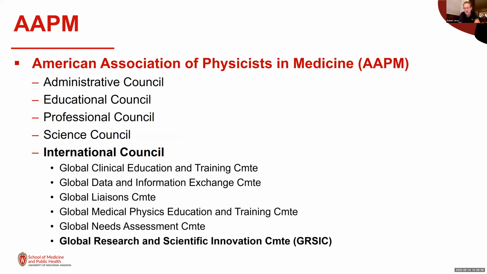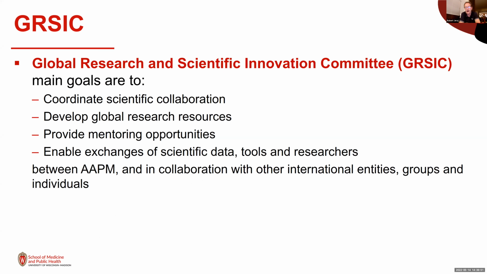So any international interactions between AAPM in the field of research or scientific innovation are within our committee. The goals of this committee are to coordinate scientific collaboration, develop global research resources, provide mentoring opportunities, and enable exchanges of scientific data, tools, and researchers.